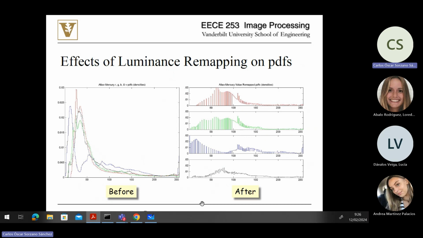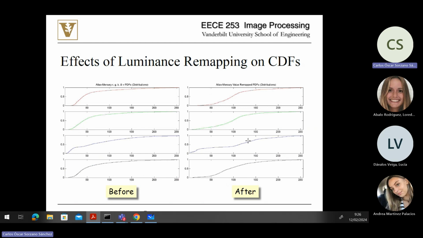Then you can look at the different PDFs, how they have changed. These were the original histograms, these are the final histograms. In some places we have increased the contrast, in some other places we have decreased the contrast. Different CDFs, 4 of them.